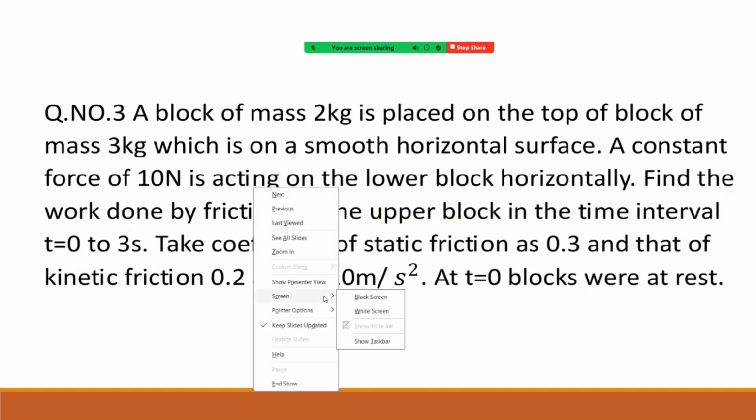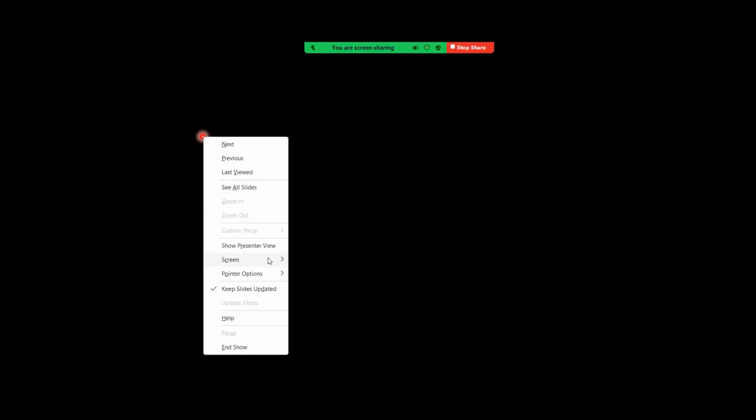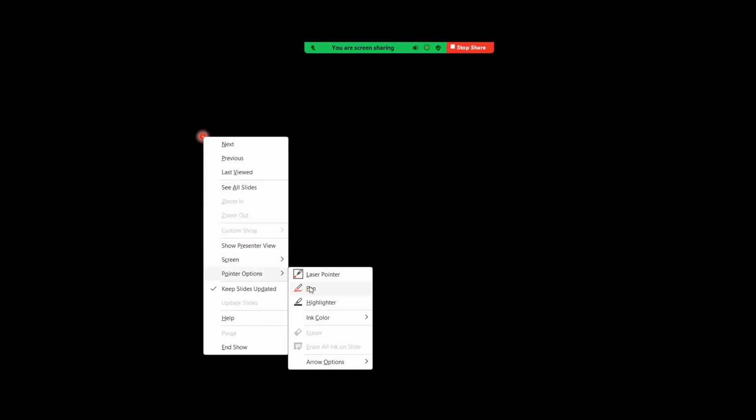Let us see how we are solving the problem. Let us note down the given data.